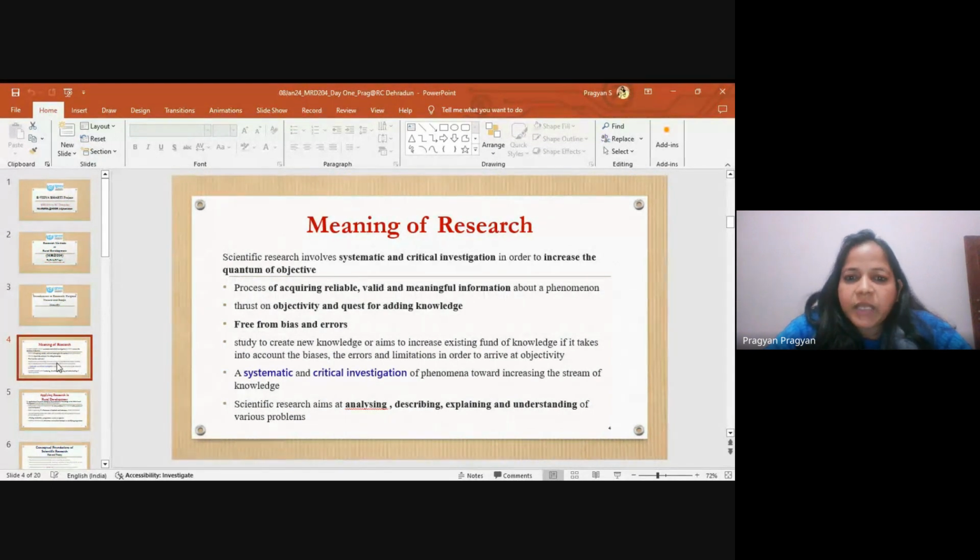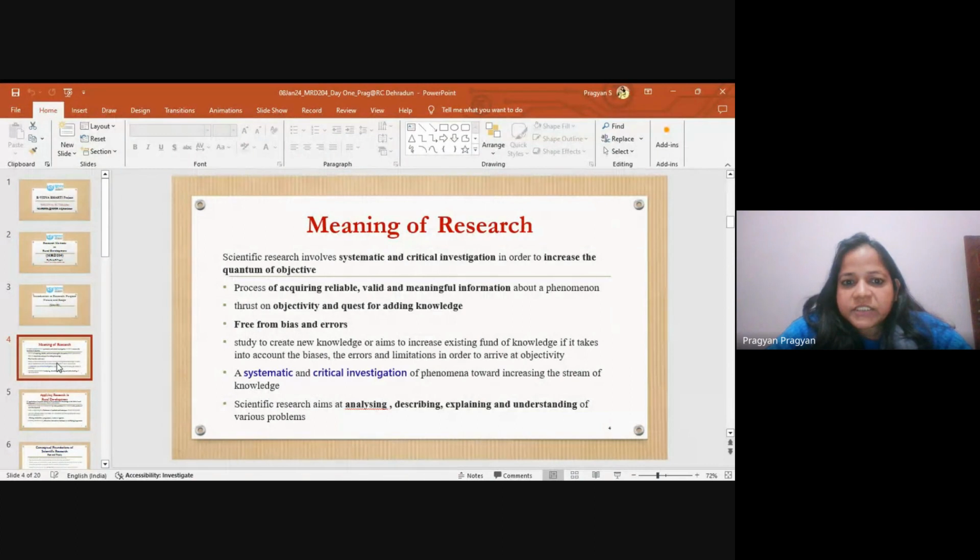Again, the medium has to be a good research. So, overall, this systematic and critical investigation begins with scientific research, because whenever we define research, we have to understand it is not only research, it is scientific research. And what do we mean by scientific research?